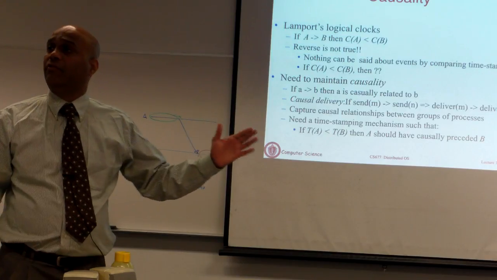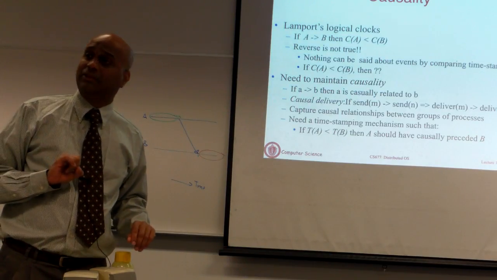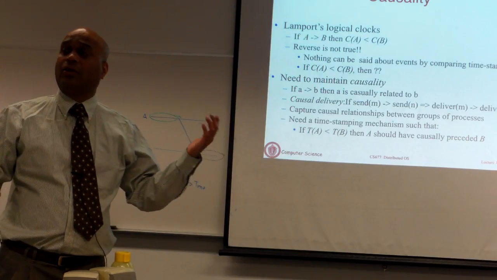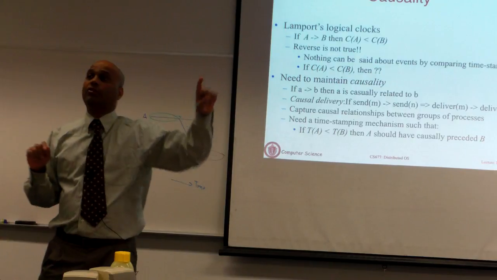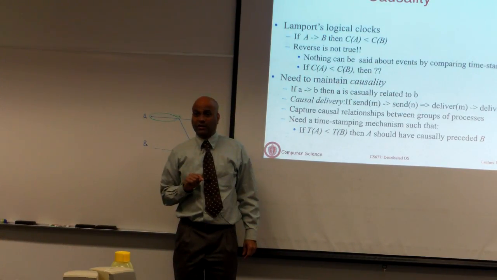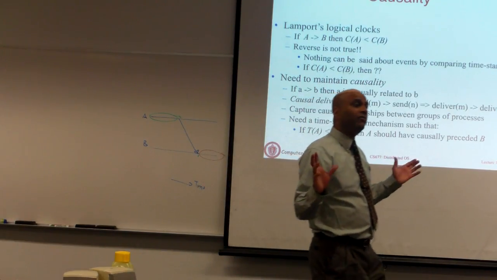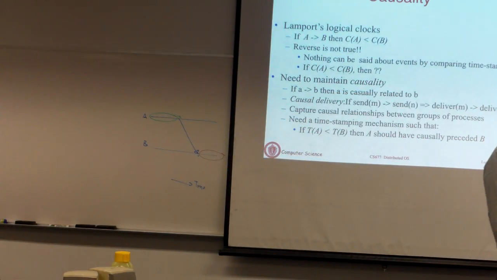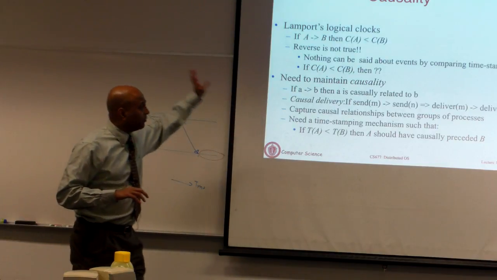It says that if process 1 is sending a message M, process N is sending another message N, but there is a causal dependence, you know that this event has happened before that event. Can you ensure that the delivery of the first message actually happened before the delivery of the second message? So it's a generalization of in order delivery of two processes A and B that are simply using a socket. So that's an example of where you can do something like this, but we will come back to that later.